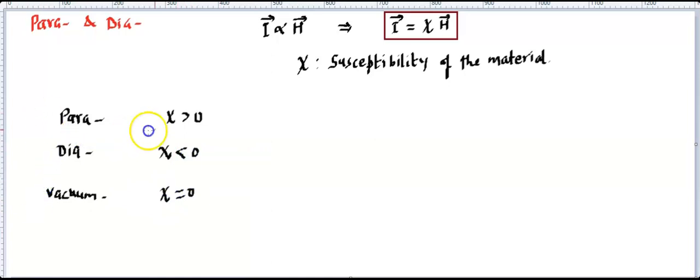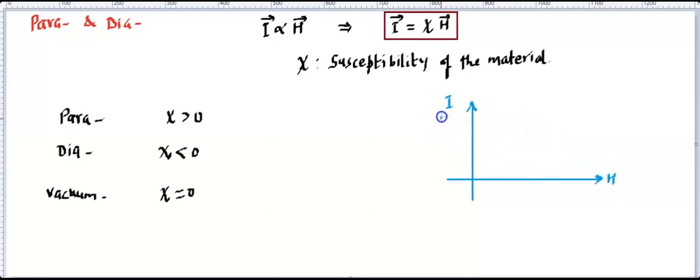And this can also be demonstrated or explained by using a graph. Many times this graph is being asked. What is this graph going to look like if we plot a graph between the magnetization that we are getting and the field that we are applying? So we apply the field, we get the magnetization.